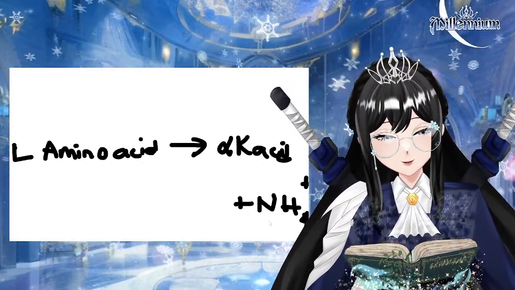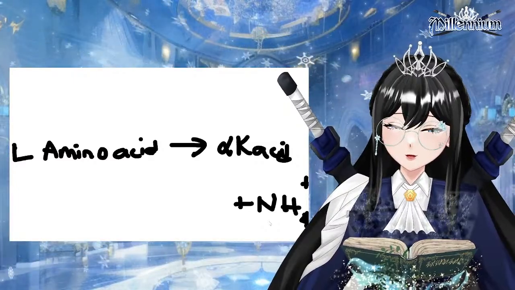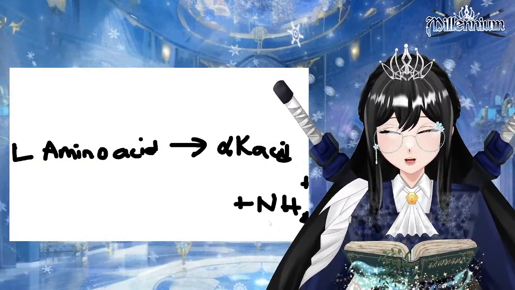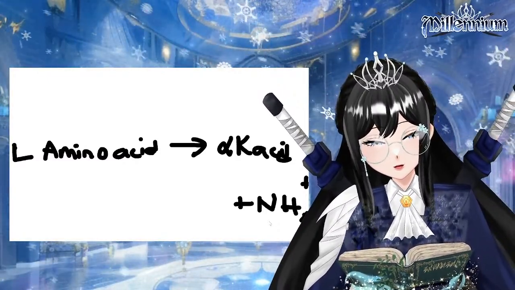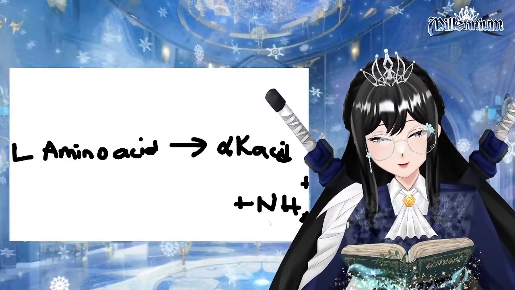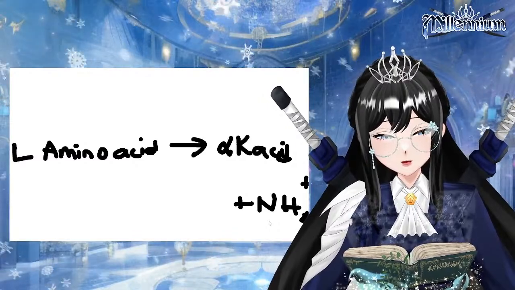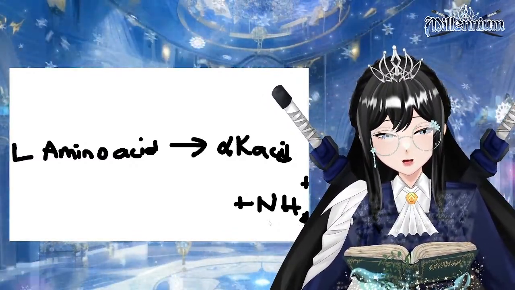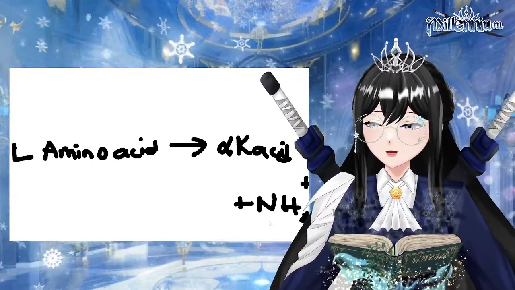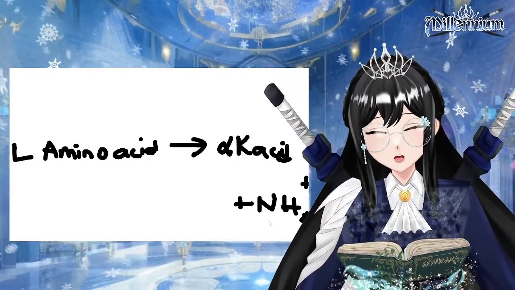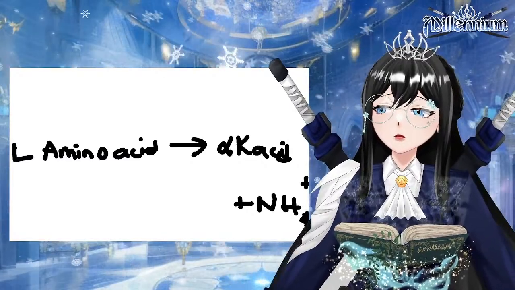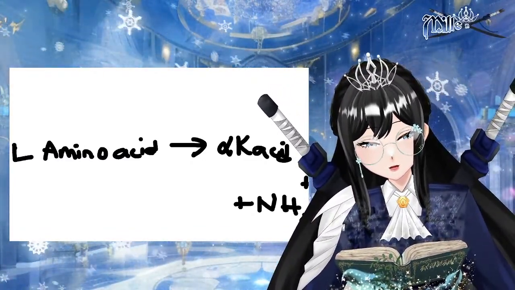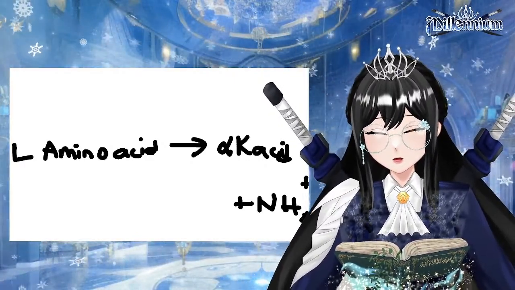Amino acid oxidases are flavoproteins that catalyze the oxidative deamination, which produces the alpha keto acids, and they have the important FAD as a cofactor, which accepts electrons from the amino acid substrate, and that would then form an amino acid intermediate.